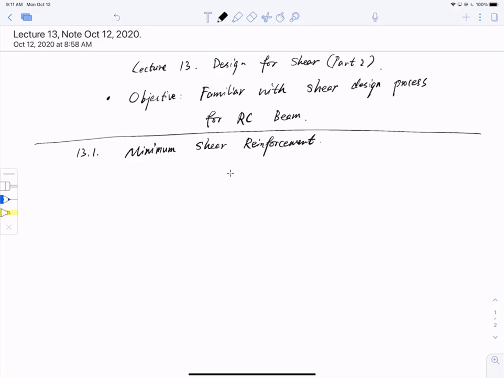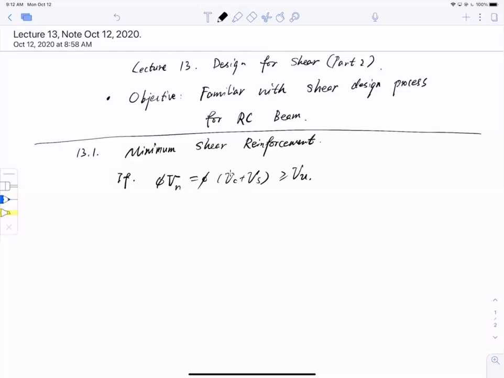So what is it, right? This is basically saying: even if your phi Vn, equal to phi Vc plus phi Vs, is greater or equal than Vu, right? This is the design equation.